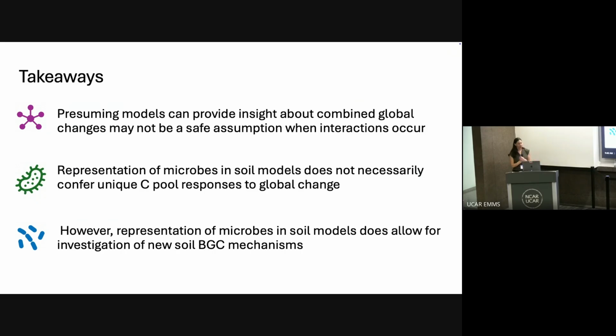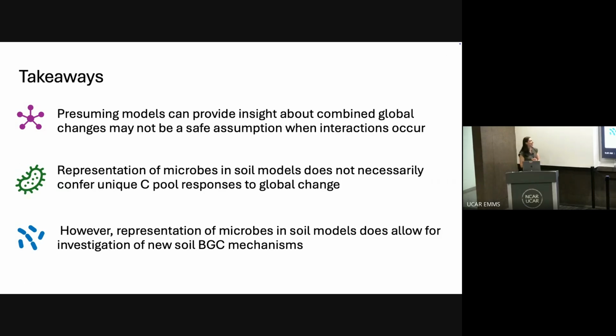Okay, so overall takeaways. First, we can't necessarily presume that our models are going to give us insight about combined global changes if they're getting individual global changes right. So we need to think more about these interactions and synergies and how we can represent those better. I think a lot of times when we think about putting microbes in models, we think they're going to make everything look better.